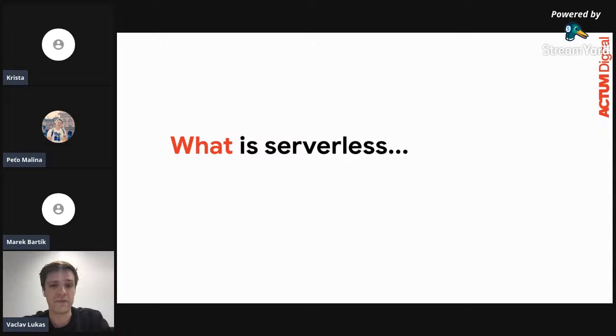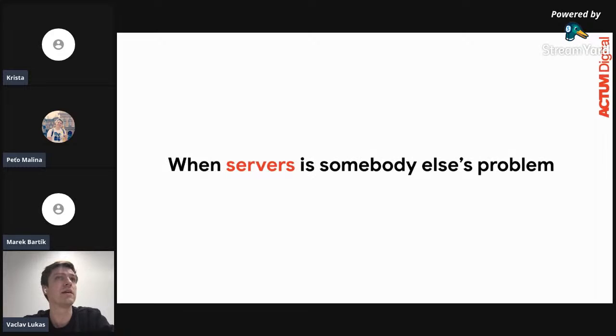If you fell asleep while I was telling the definition, I really don't blame you. There are a lot of definitions going around with serverless, which might make it seem a bit complicated, and to be honest, I don't think it really is. So let's make it simpler. Serverless is when servers are somebody else's problem.